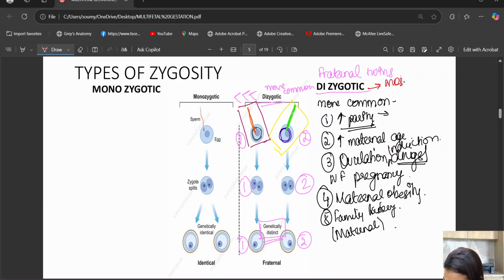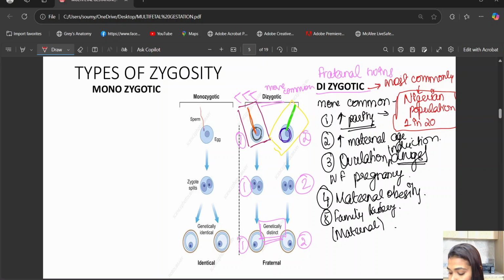Dizygotic twins are most commonly seen in the Nigerian population. There are certain papers that say that 1 in 20 pregnancies in the Nigerian subpopulation is dizygotic twins. Okay. So I hope dizygotic twins is by and large clear.